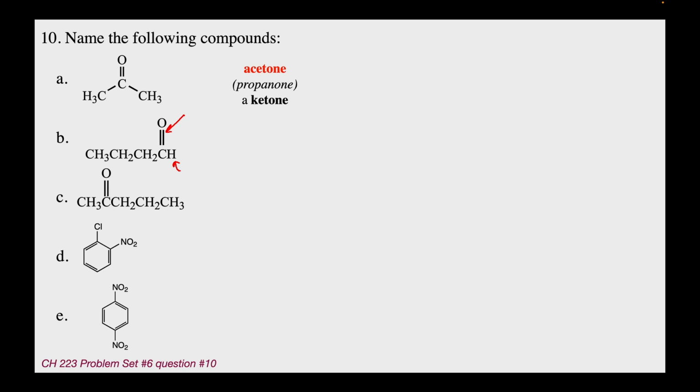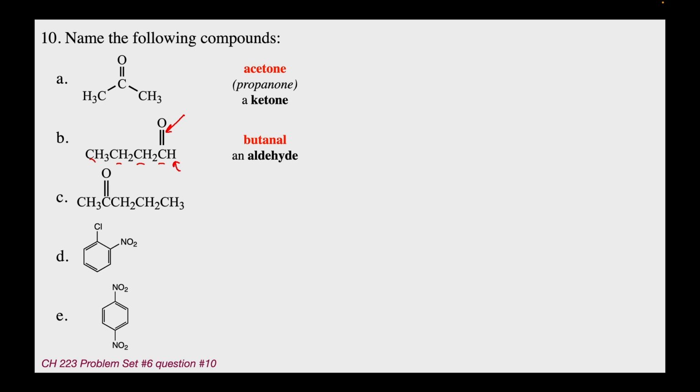So to name this, count up all the carbons: 1, 2, 3, 4. 4 carbons would be butane if it was a straight chain alkane. But because this is an aldehyde, butane becomes butanal. Butanal is an aldehyde. Notice the -al. The -al will tell you it's an aldehyde. You don't need a number for this because the aldehyde is always on the end next to a hydrogen, so you don't have to worry about that.